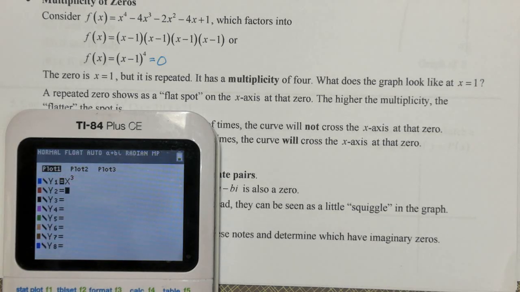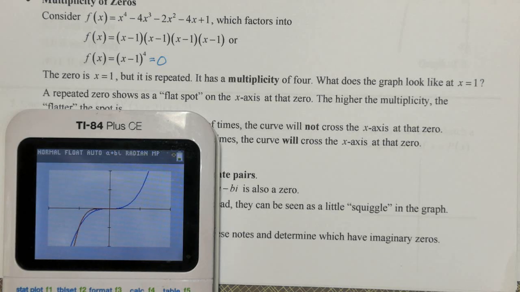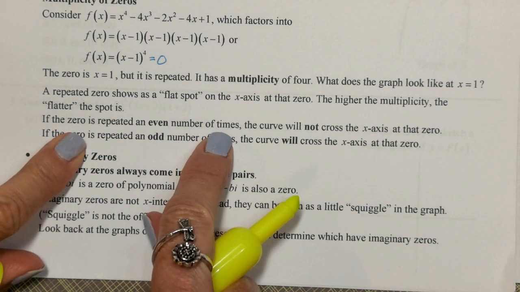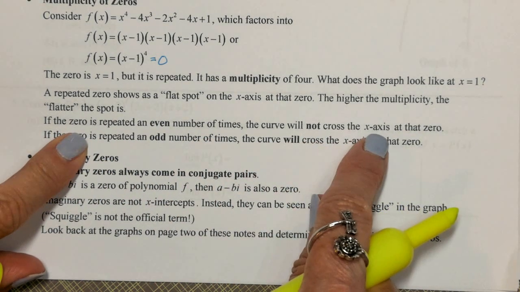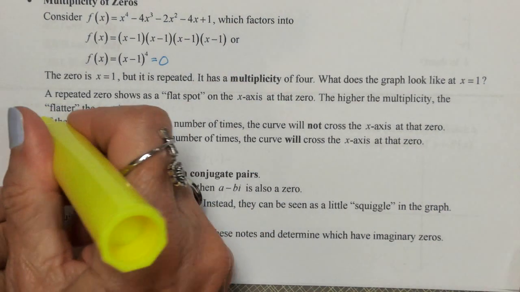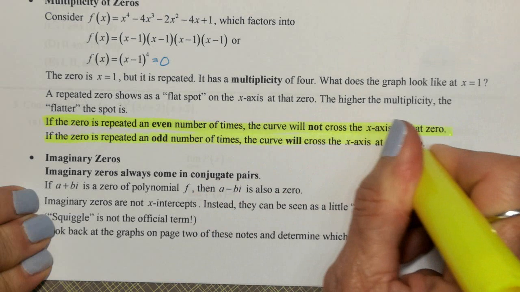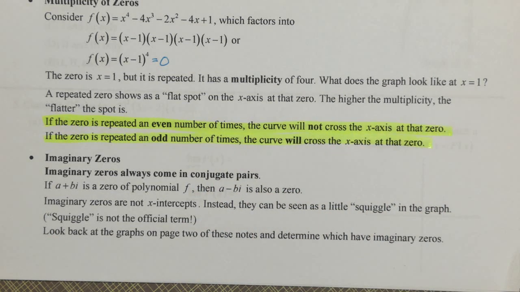What do you think x to the 5th would look like then? Even flatter. Same shape, but even flatter at the origin. So if the zero is repeated an even number of times, the curve will not cross the x-axis at that zero. If the zero is repeated an odd number of times, the curve gets flat, then crosses the x-axis.